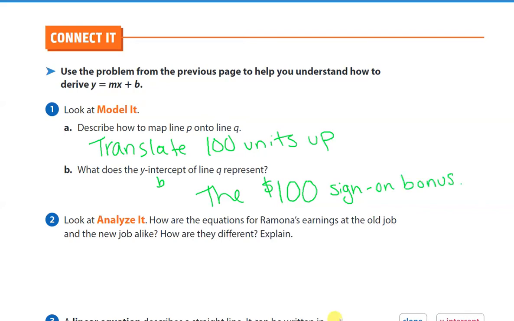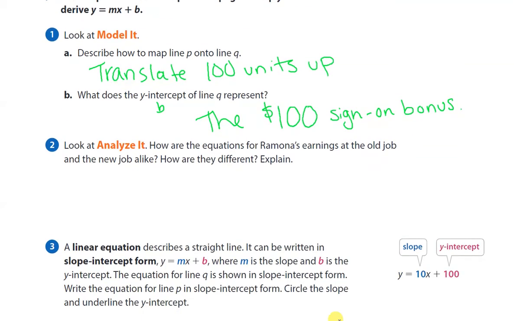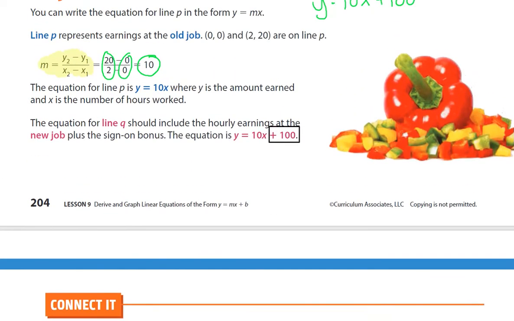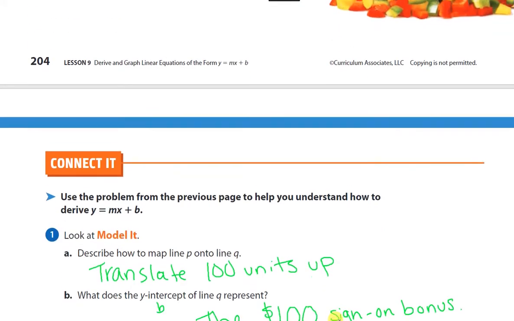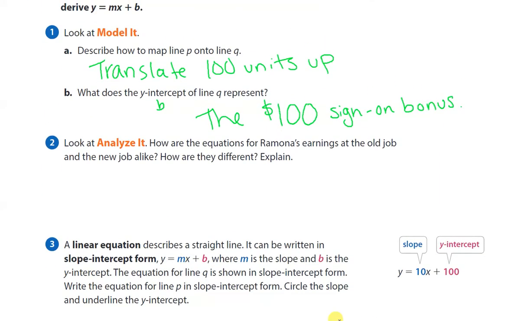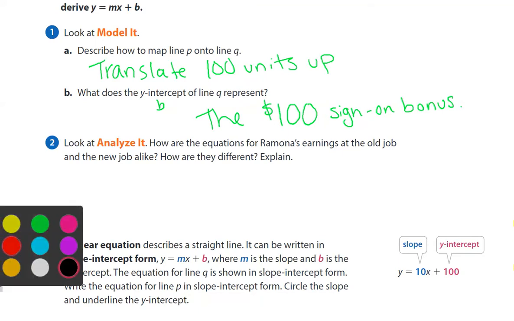Enthusiastically, no less. Okay. Number 2, now thinking about the analyze it, the second version down here where they use the slope formula. How are the equations for Ramona's earnings at the old job and new job alike, and how are they different? Okay, well, same slope.